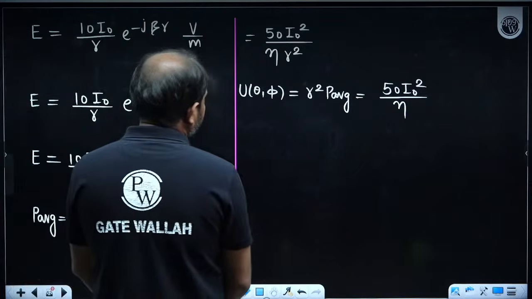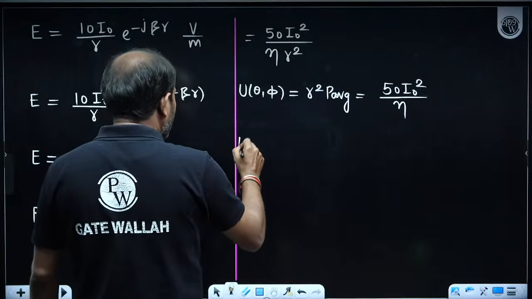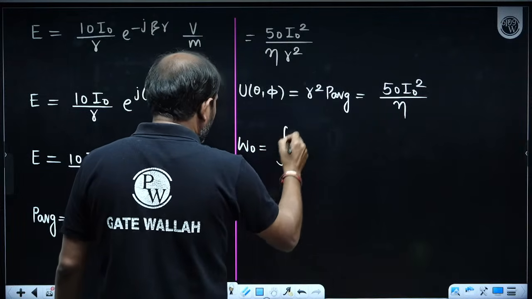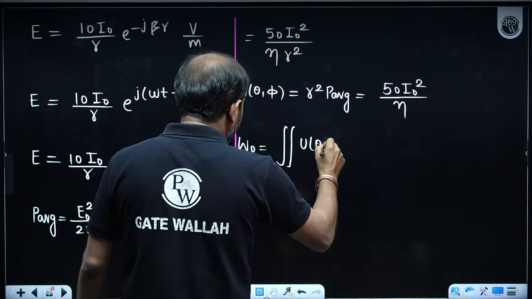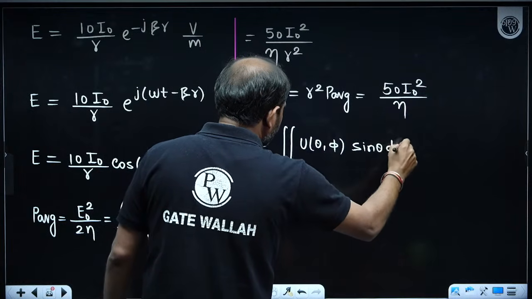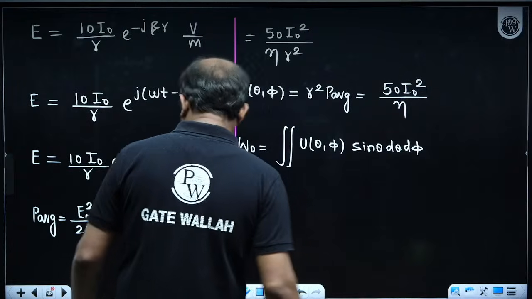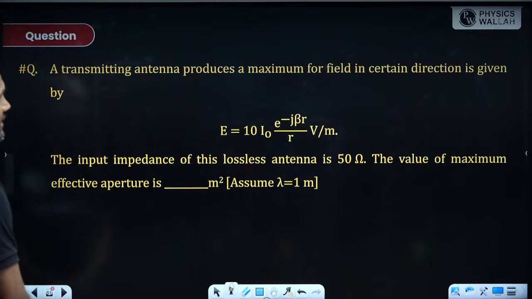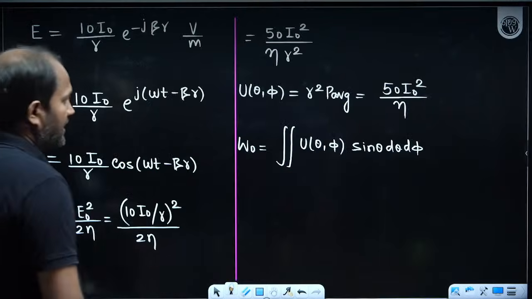Then W naught is equal to the integration of u theta phi sin theta d theta d phi.